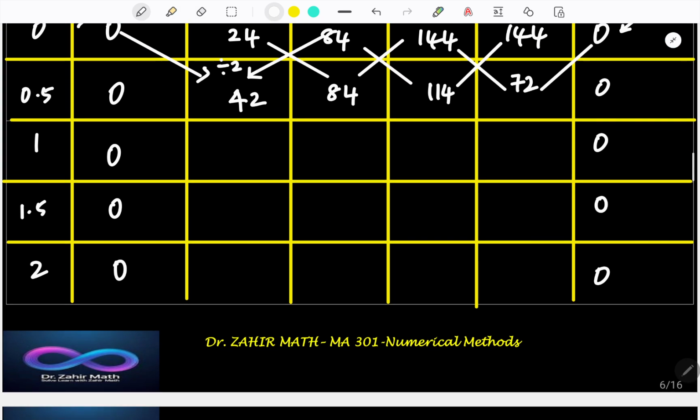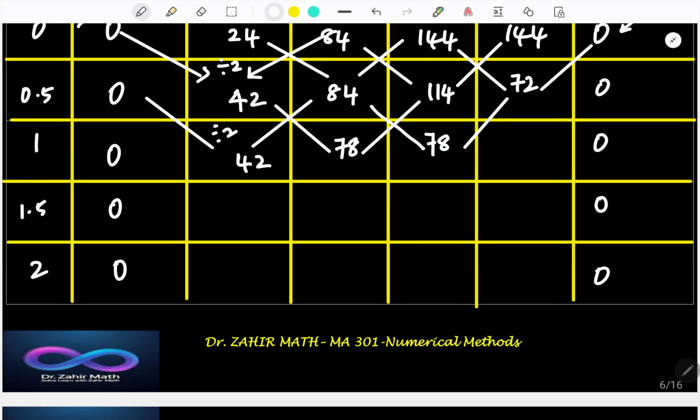If I want to fill up this one, this value and this value divided by 2. So 0 plus 84 is 84, divided by 2 is 42. For this one, this value divided by 2, which is 78.